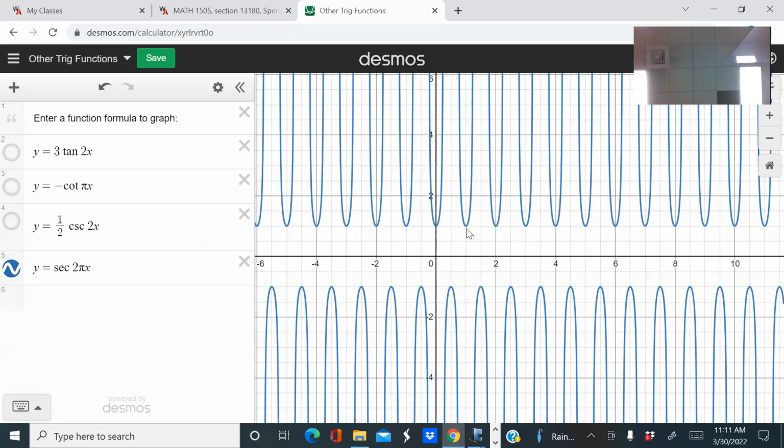So let's look at these two. It looks like these branches should have started at, wow, I can't tell. Where is that? Maybe we should start at 0.